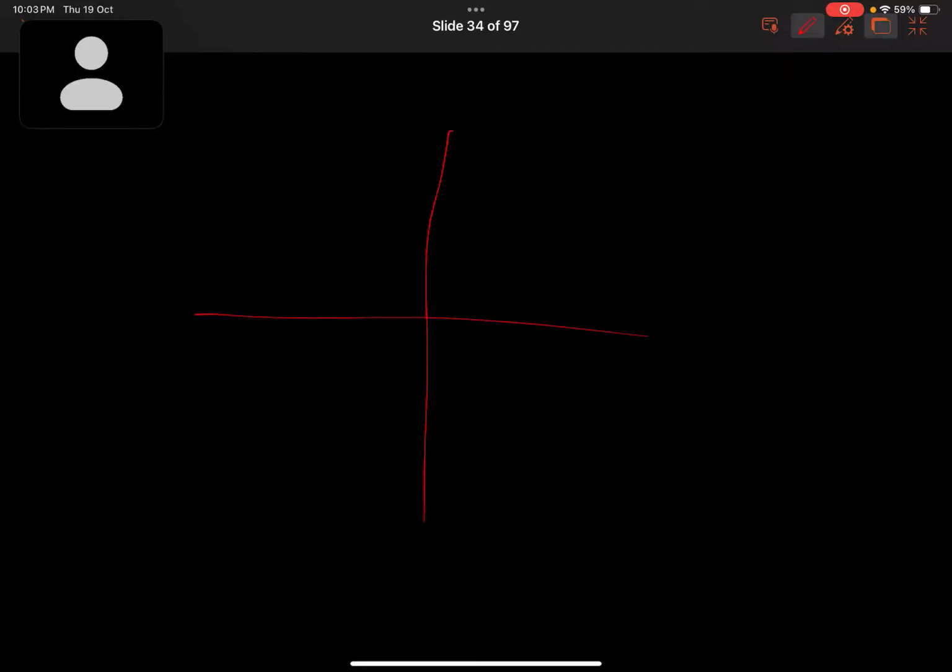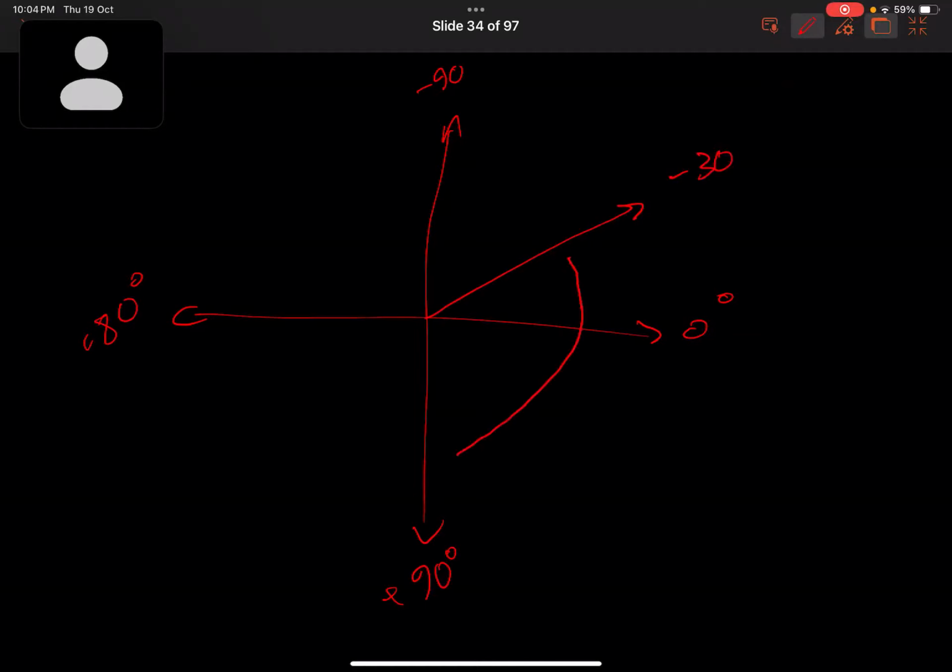Again, x-axis, y-axis. We're going to get 0 degrees, 180 degrees. What's between that will be your positive 90 and negative 90 degrees. We said that a normal cardiac axis is between negative 30 to positive 90. So this is normal cardiac axis.